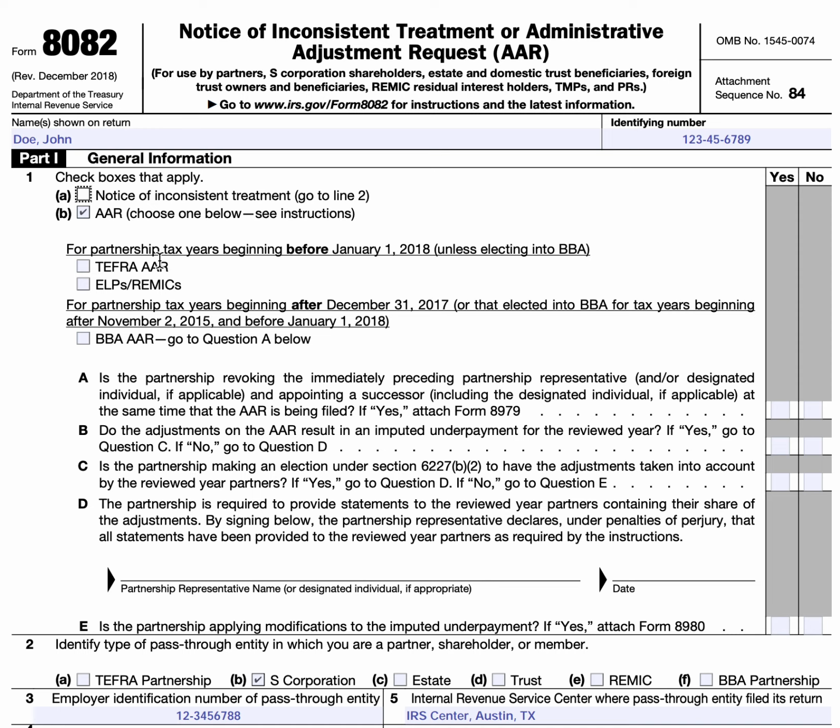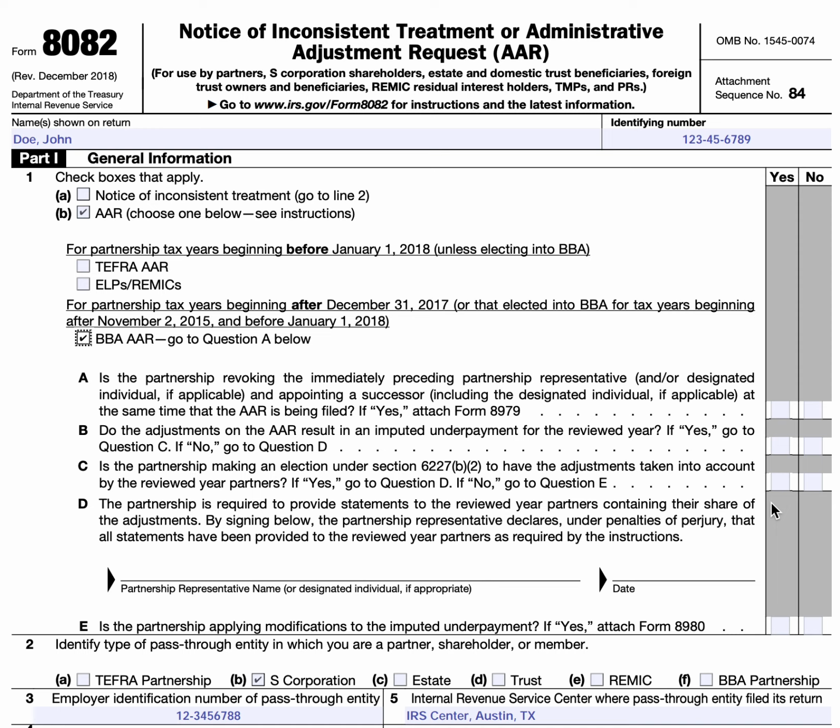If those don't make sense to you, then you'll probably be going to the BBA AAR. There are different rules for partnership items and the tax treatment of those under the BBA rules. So then from there, if you answer this question, the BBA rules, then you need to answer questions A through D, or A through E.